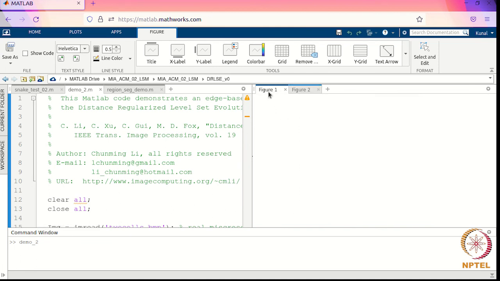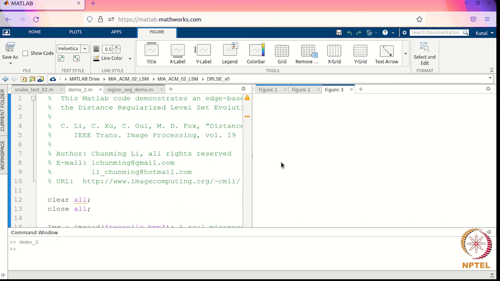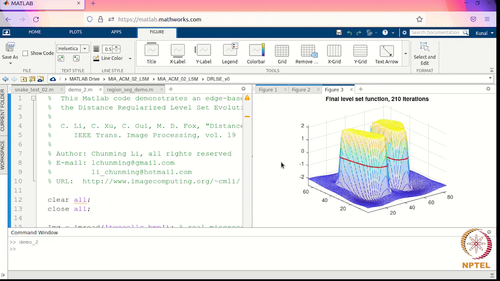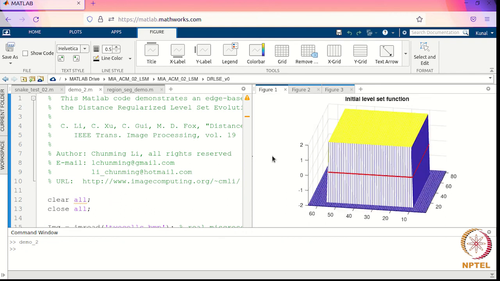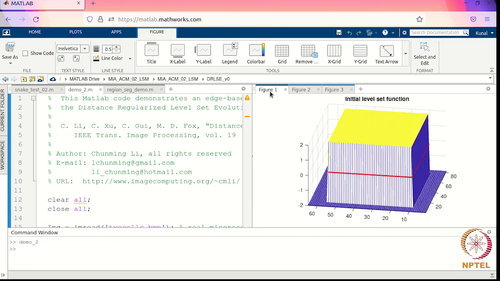So you see, it will take some time. So you see, the initial level set function was this, right? -2 +2, the binary step function, and after some iteration, because we are solving that unsteady equation, the shape of this initial level set function changes, and finally it becomes like this.